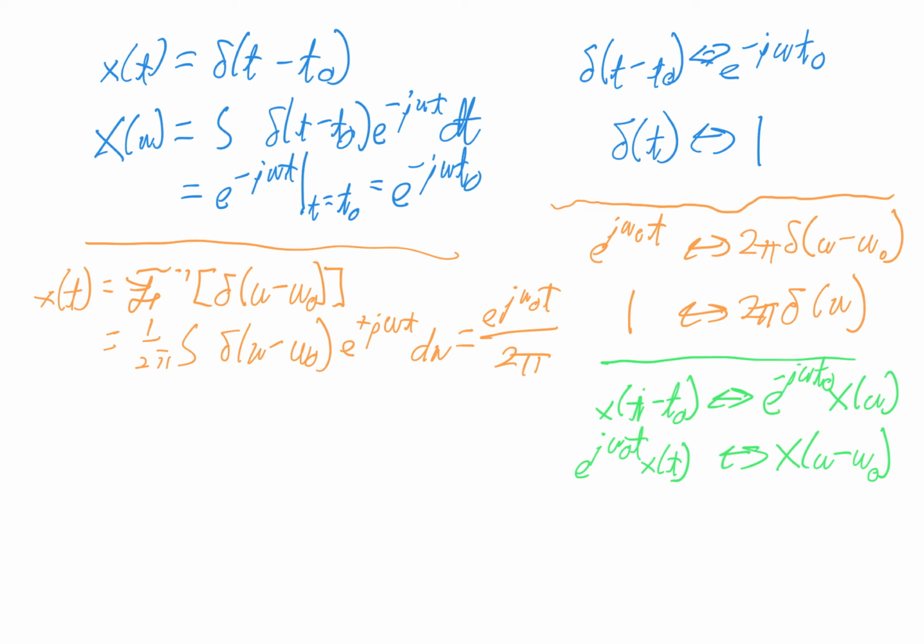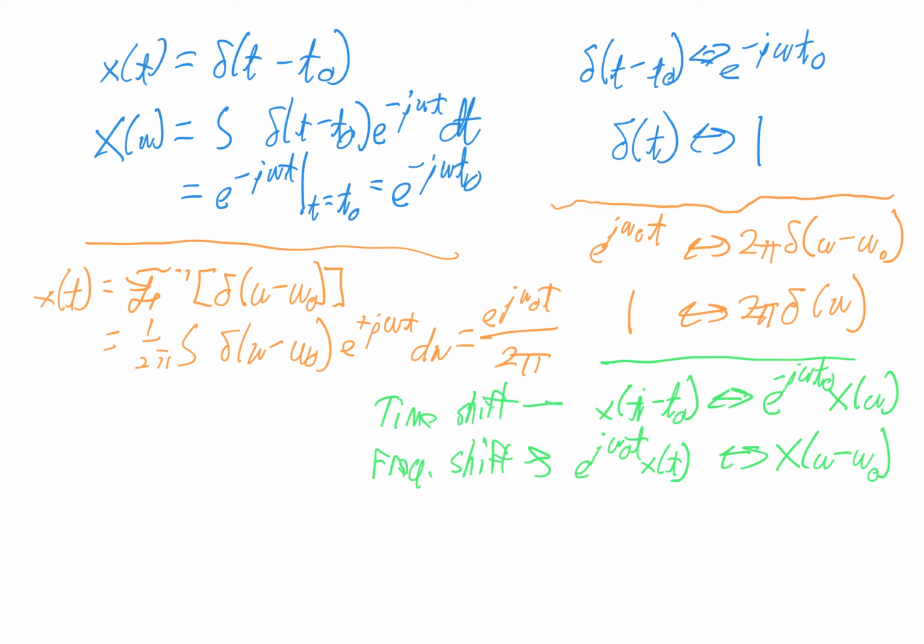And we have a version of that in the orange formula here. If I take this Fourier transform and shift it by omega naught, I have multiplied the signal by e to the plus j omega naught t. These green equations are called the time and the frequency shift properties. So here we have the frequency shift and the time shift property.